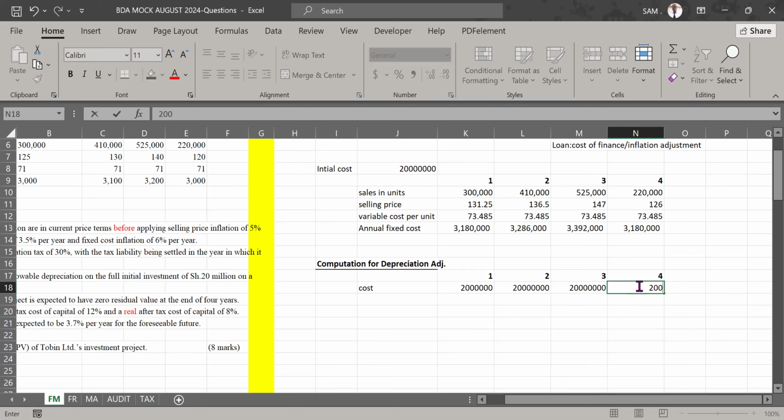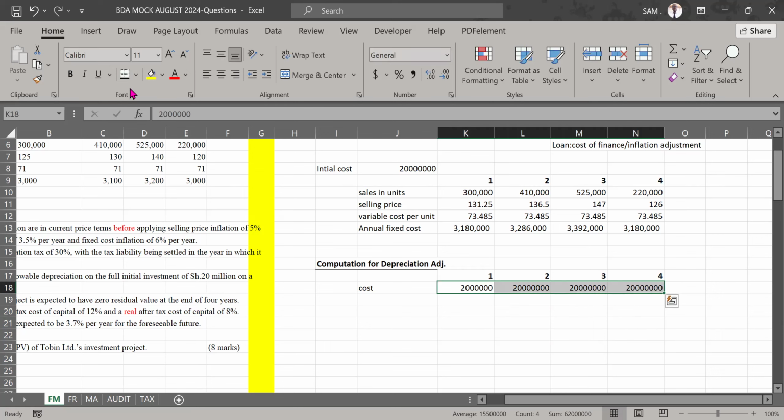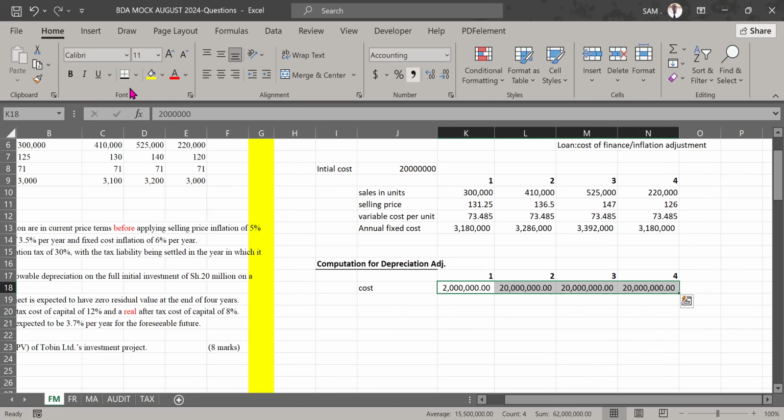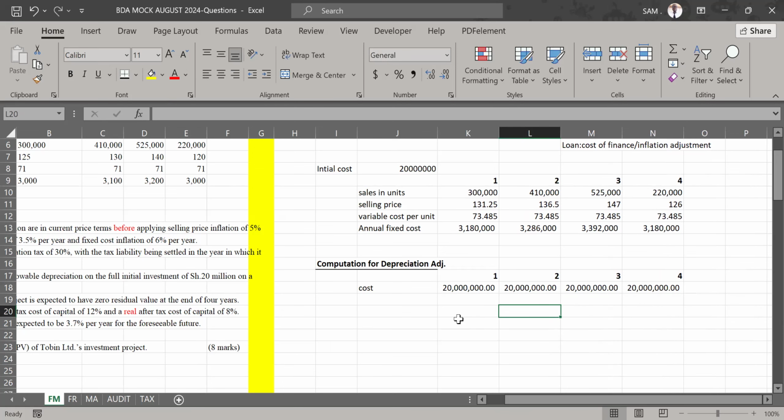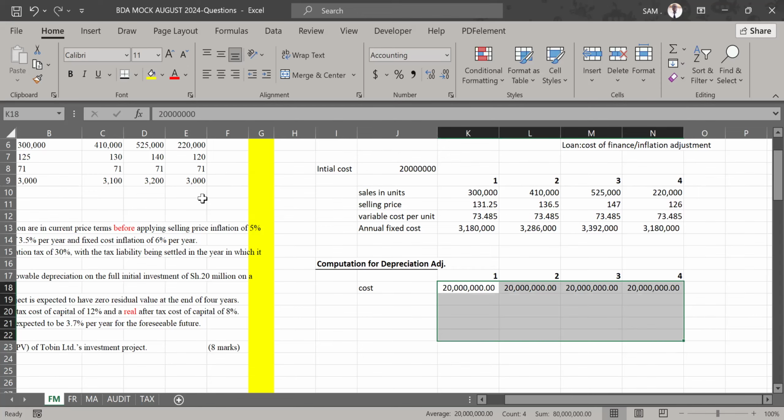So with our cost of investment at 20 million for all the years, if I put a comma star, I'll be able to see if there is something. Okay, I think the first one is 2 million. Good. So that is the cost of our project, 20 million.